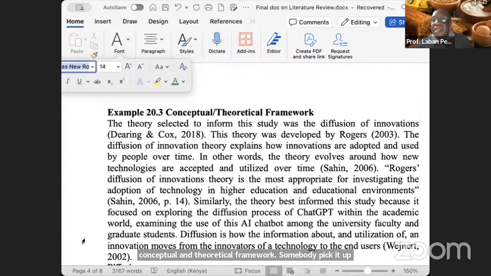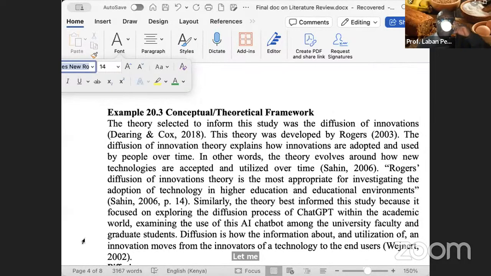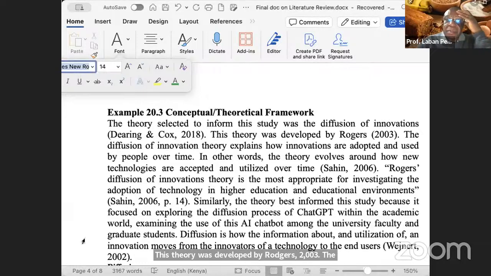The theory selected to inform this study was the diffusion of innovations, Deering and Cox 2018. This theory was developed by Rogers 2003. The diffusion of innovation theory explains how innovations are adopted and used by people over time.